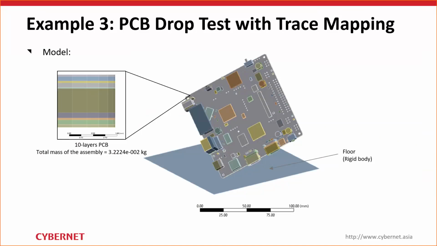Because I assume that the difference in the rigidity between these two components is significantly large, therefore, we go with the rigid body for the floor. One more thing is that because rigid body does not require elements in the body itself when you mesh it, it can save some simulation time.